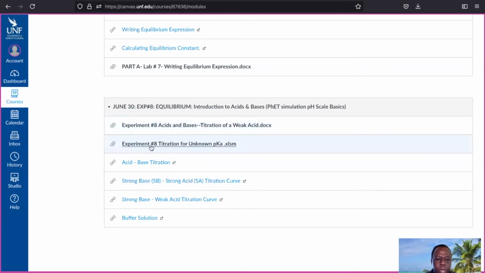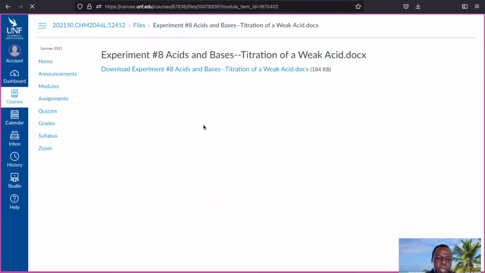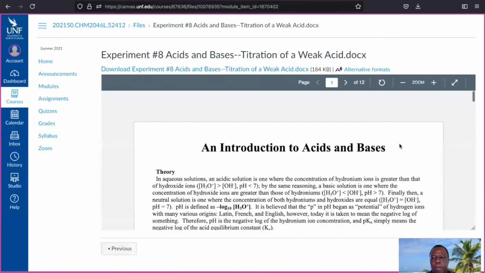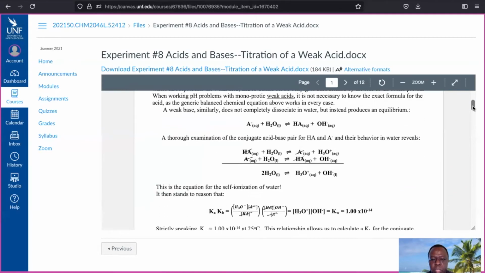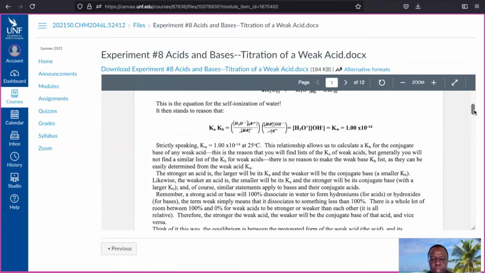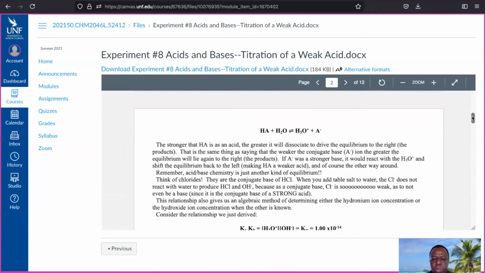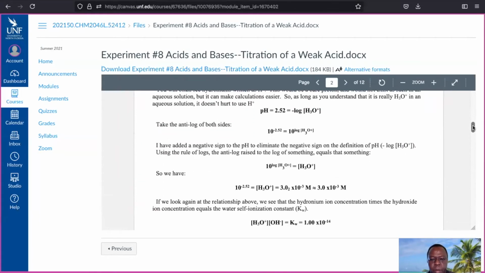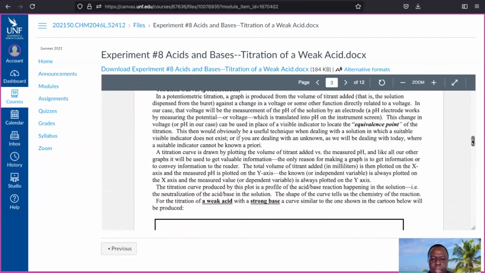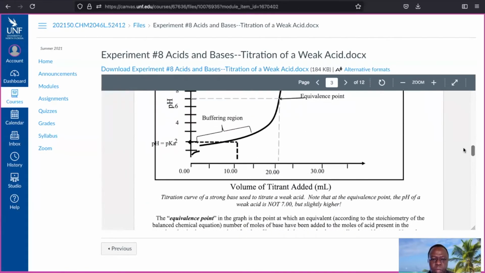This is where the spreadsheet is. If you look at this, this is just a document you can come back to for background information on acid-base titration. I hope you read this relationship between Ka and Kp. It's part of what I wanted you to read before coming in today. I know you know how to find the Ka with the Henderson-Hasselbalch equation.